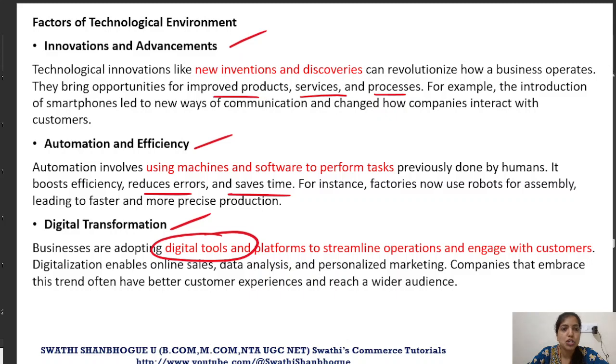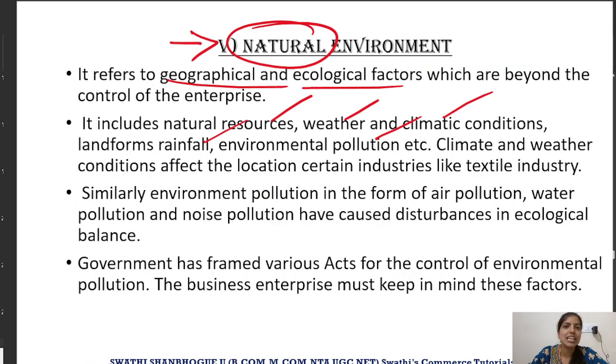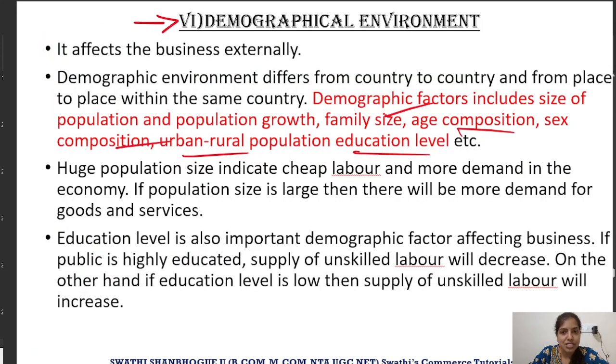where different automation, innovation, digital transformation, or digital management, and also cyber security can help you in improving your business on the whole. Then we have studied your natural environment, and we have studied your demographic environment, where we are studying the population.